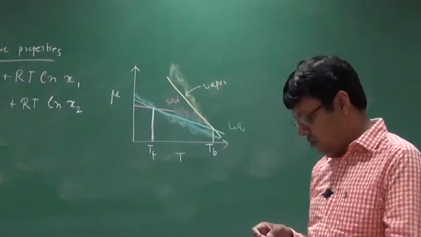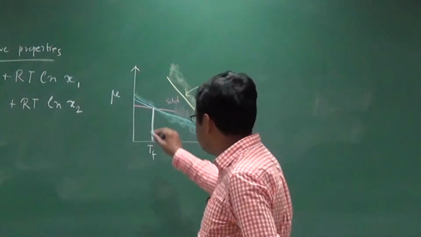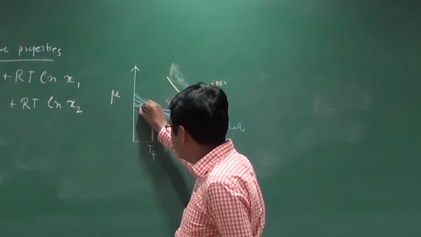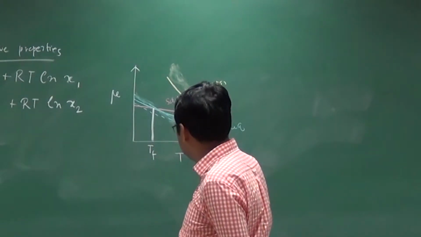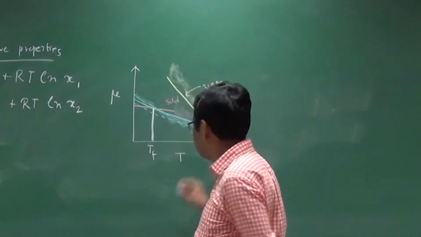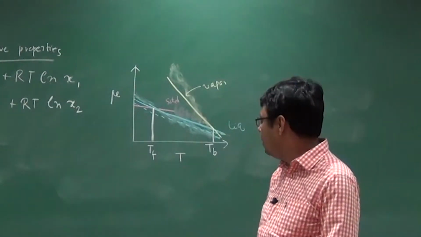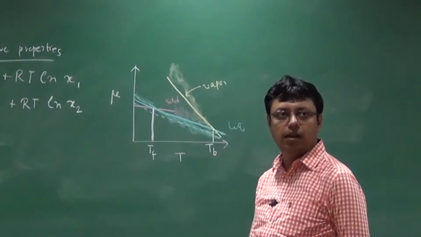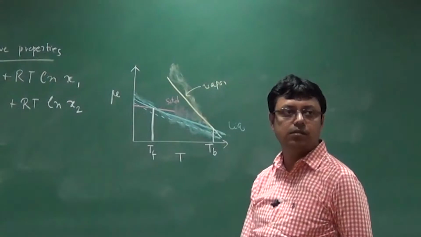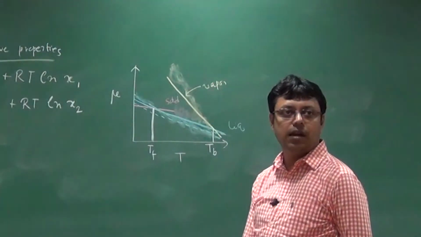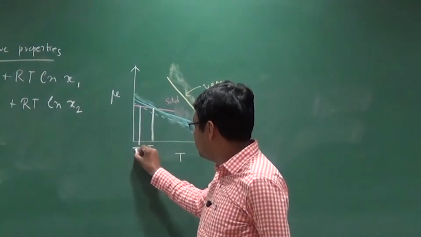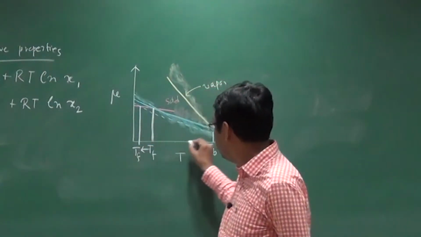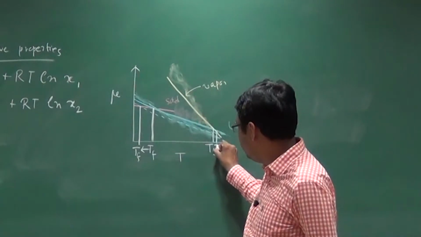And if we also assume that this change is about the same throughout the range of temperature, we'll have a curve like this. It is basically lowering. Why lower? Because mole fraction is just a fraction, right? And ln(x) will give you a negative value. So we see that the freezing point is depressed, but the boiling point is elevated.